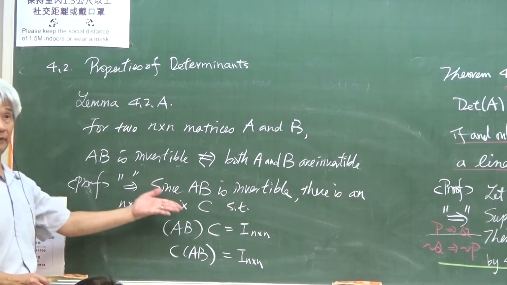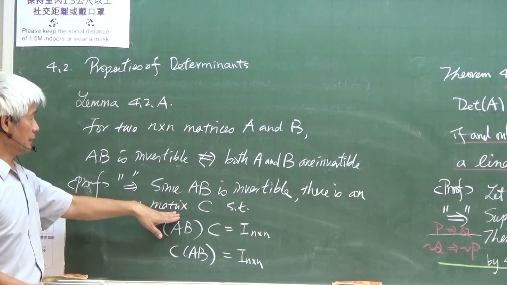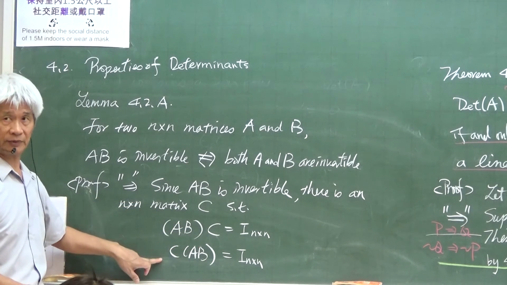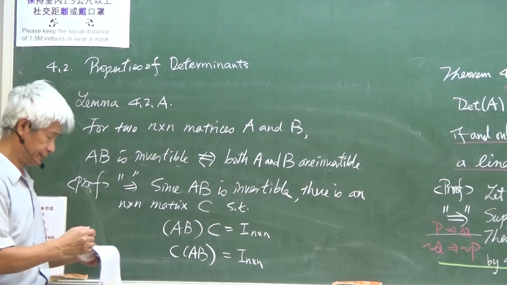Because it's invertible, there is an inverse which is the right inverse as well as the left inverse.